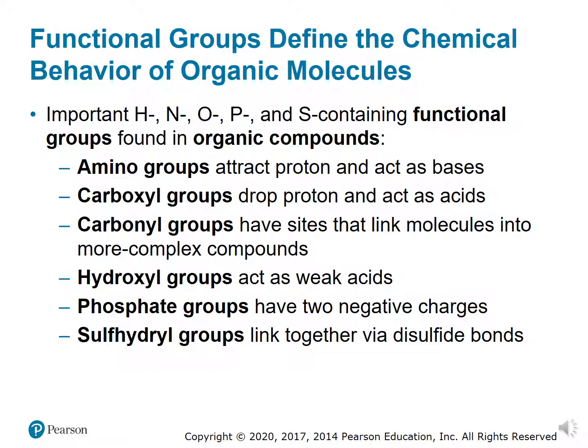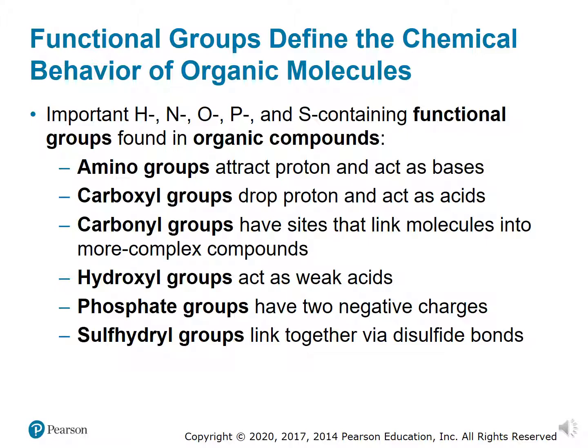There are different types of functional groups, and you have to be aware of these functional groups because now we're going to go from small molecules like water or methane to really large ones like proteins. The only way that we can understand their behavior is by looking at the functional groups.